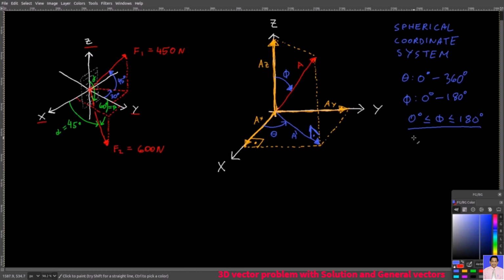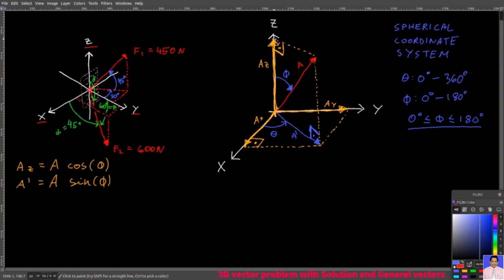If you choose this system, then the following relationships can be derived. Since you also have a right triangle here, so you have 90 degrees here, you can say that AZ equals A times cosine phi, and then A apostrophe equals A times sine phi. If you look at this right triangle, then it makes sense.